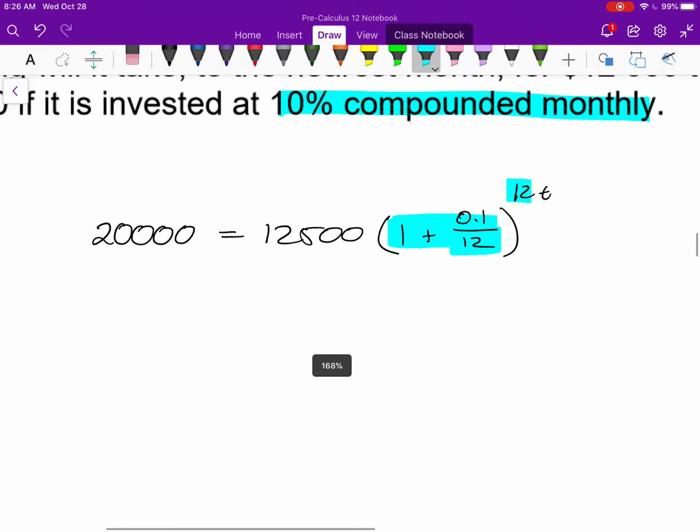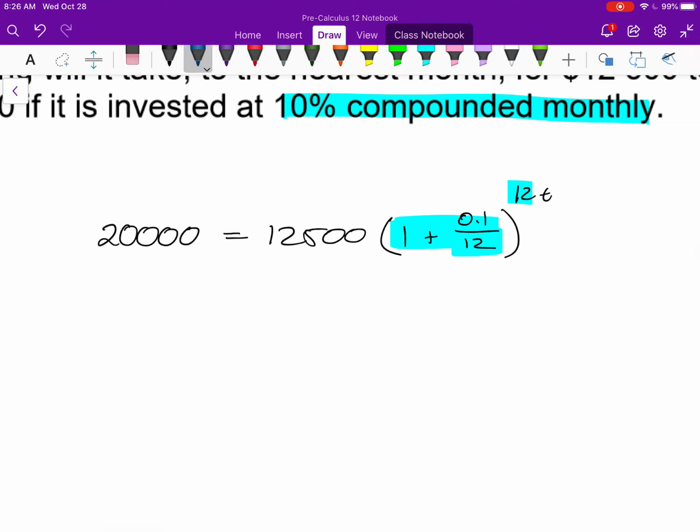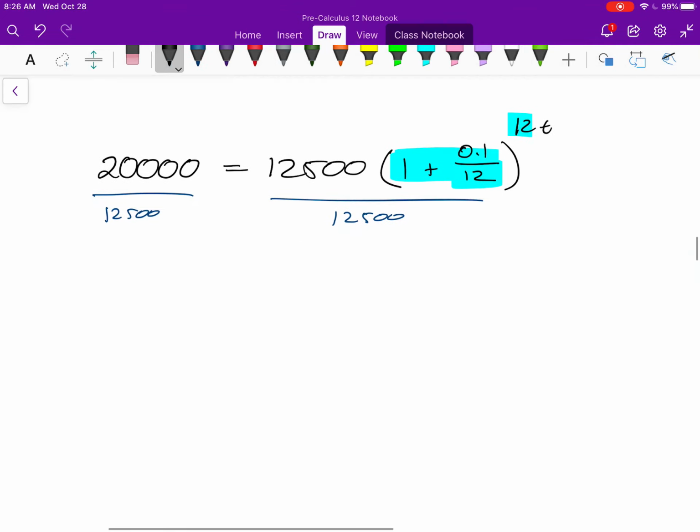All right, so now let's solve this. Let's divide both sides by 12,500 first. So we get 1.6 on one side, and I'll just stick with this 1 plus 0.1 over 12 to the power of 12t. I could decimalize it, but honestly, I don't know if the decimal's any nicer. And this is exactly what I have right here.